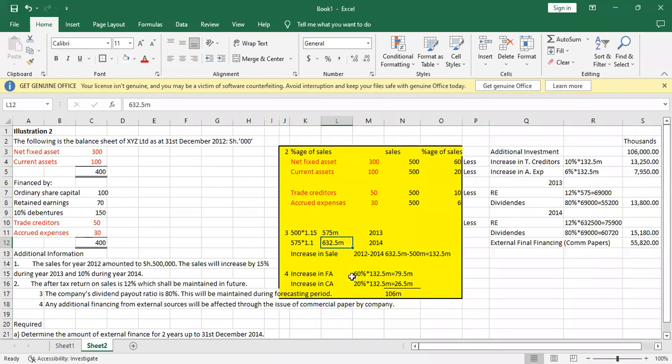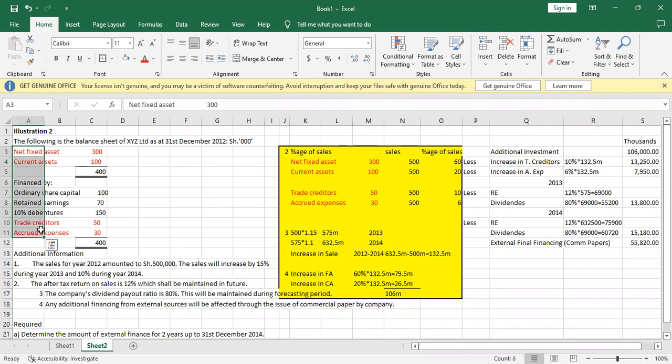Let me just write this here to avoid the confusion. Fixed assets.